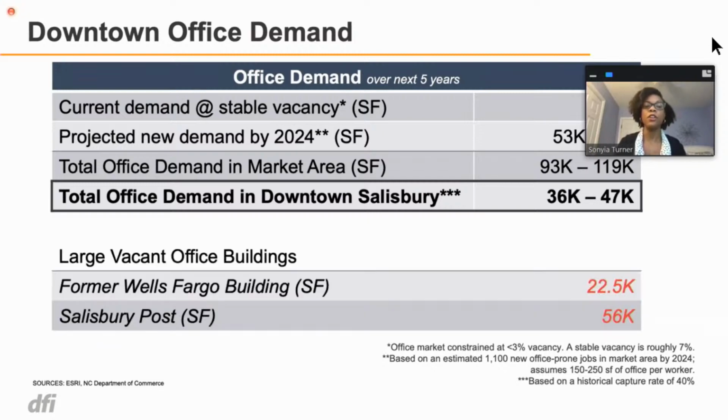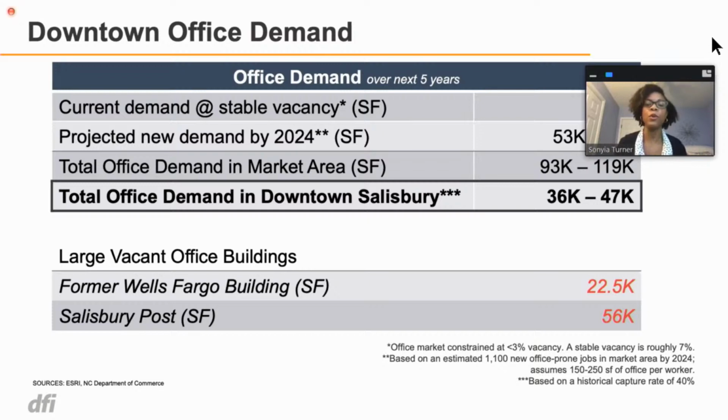Now, one thing to note is that there are some current existing large vacant office buildings in downtown. We know the former Wells Fargo building and the Salisbury Post building, Salisbury Post being mostly office, but also a mix of other uses. Even though there is this office demand in downtown, these two large office buildings have the potential to absorb that demand, effectively rendering this demand negligible.